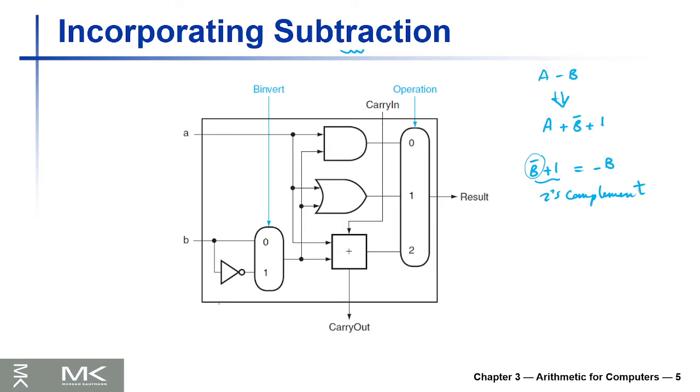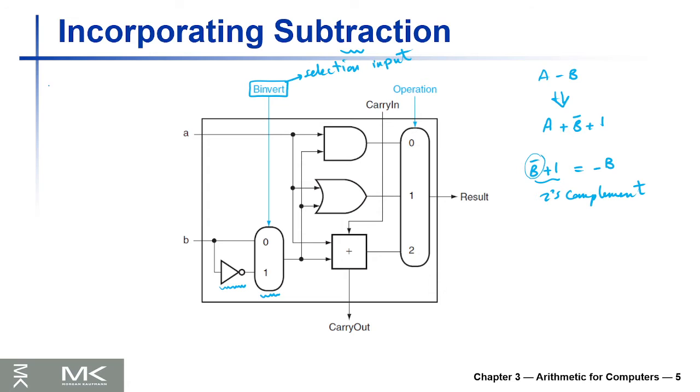So in that case here, we're gonna have this inverter and this multiplexer here. And we're gonna have a selection input to tell us whether to use B inverted or not.